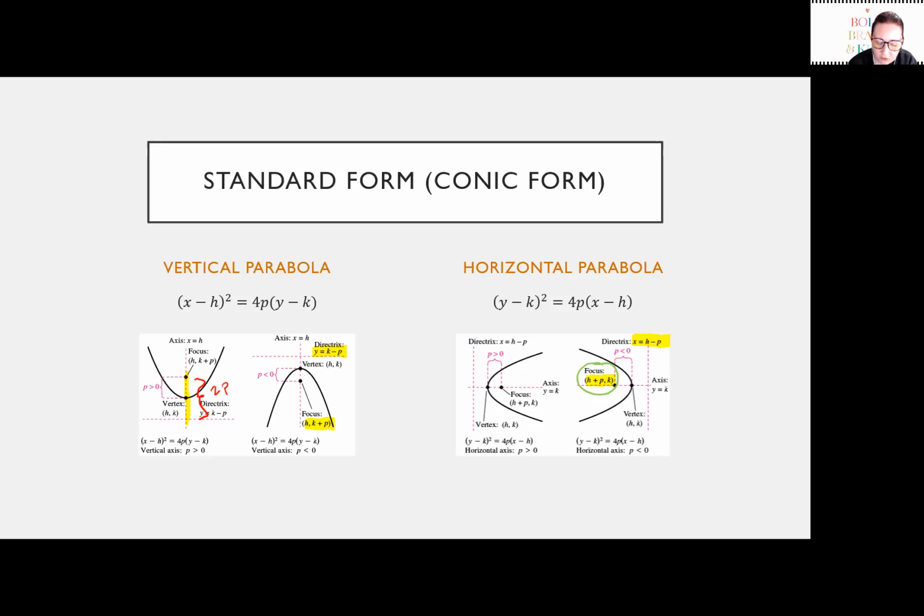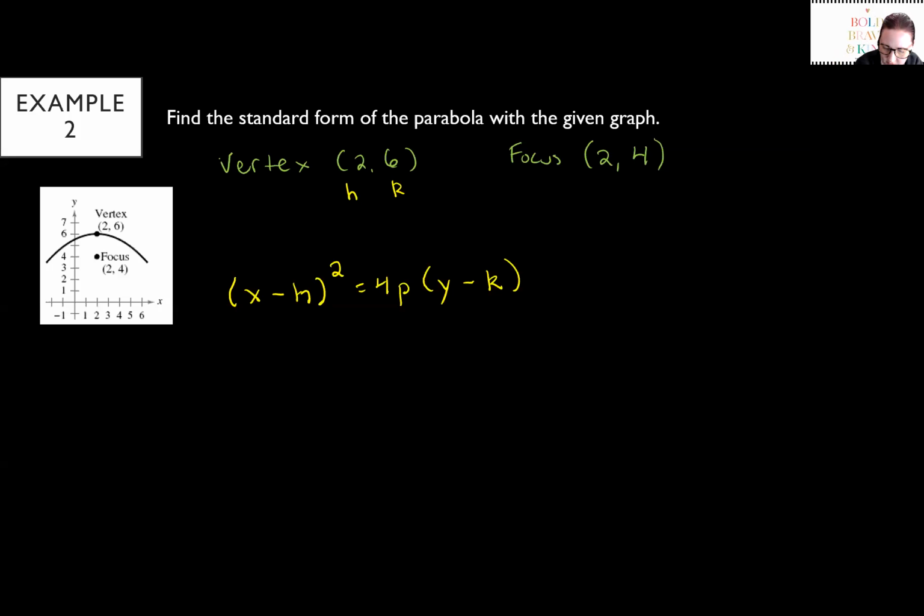The other thing that I'm going to grab from here is the focus, because we're given the focus as the other point. So I really care about this h comma k plus p thing. So I'm going to write that down as well. So this is h, and then this is k plus p.